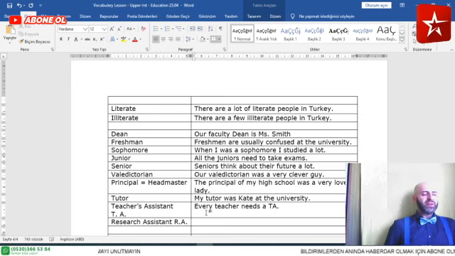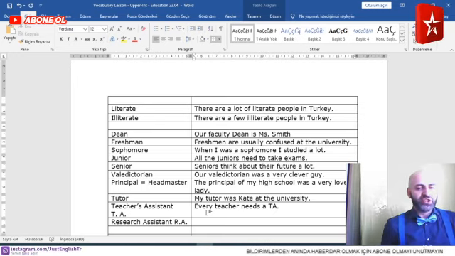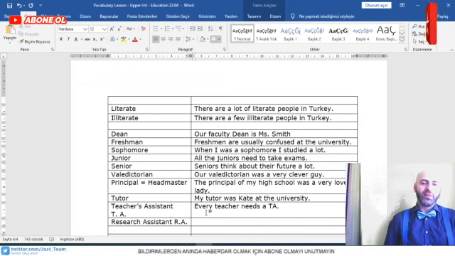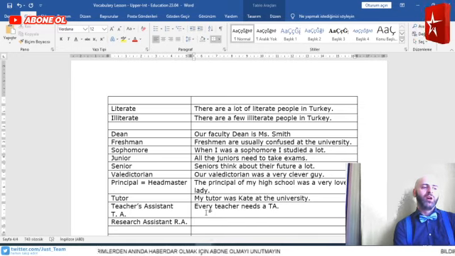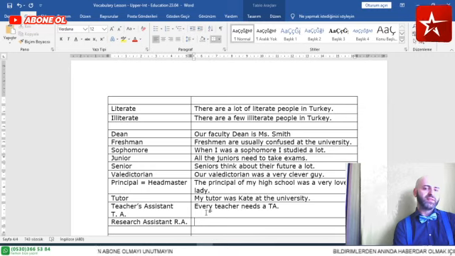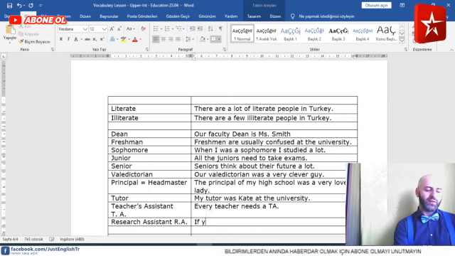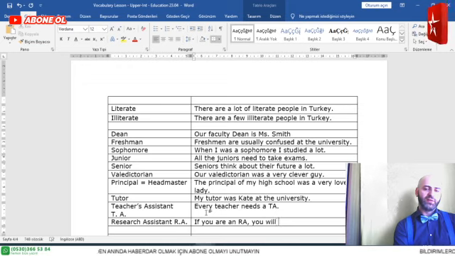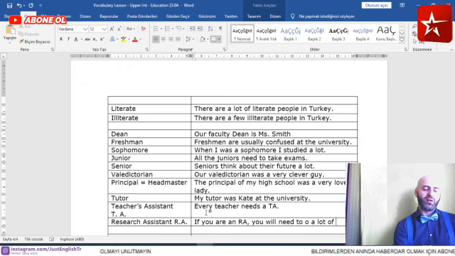So some professors do researches while they are teaching, and they need some students to help them, maybe to find information, to search for something, and this person is called research assistant. If you are a RA, you will need to do a lot of work.